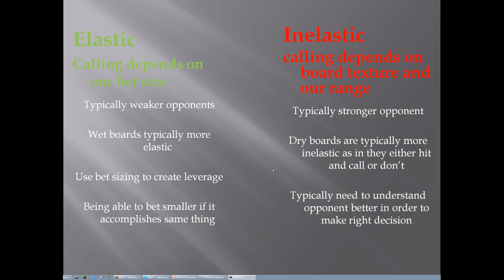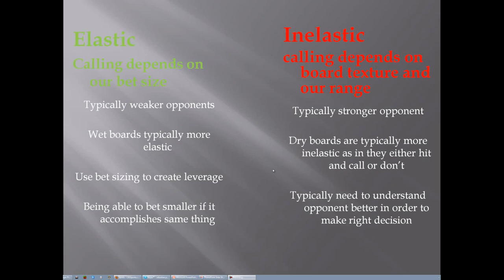The reason is we know that this opponent is calling everything on the flop. So by betting big on the flop, we get maximum value from the worst part of their range. If they have any piece, they're calling, so we get maximum value from that. And if they don't have anything, they're folding anyway, so it really doesn't matter.